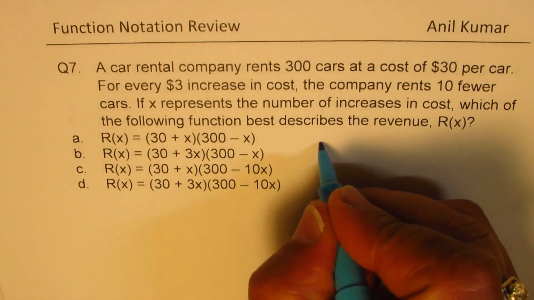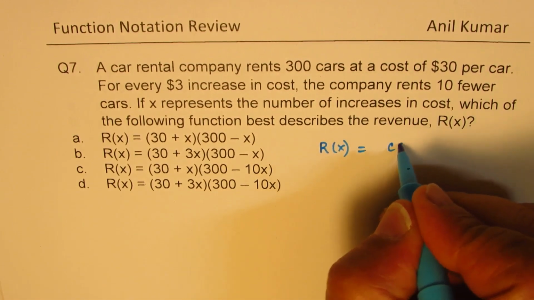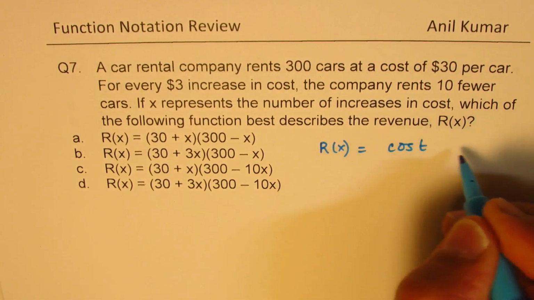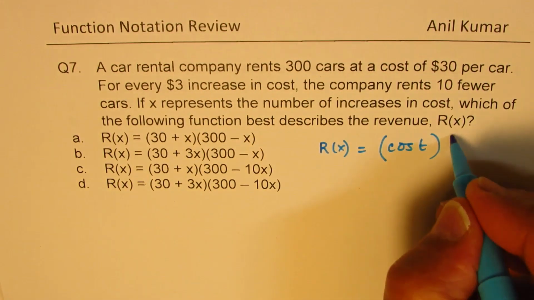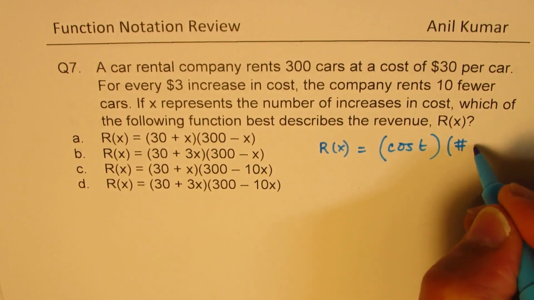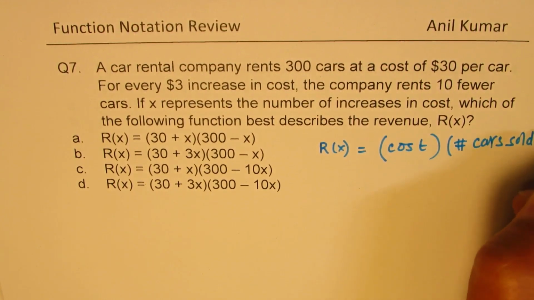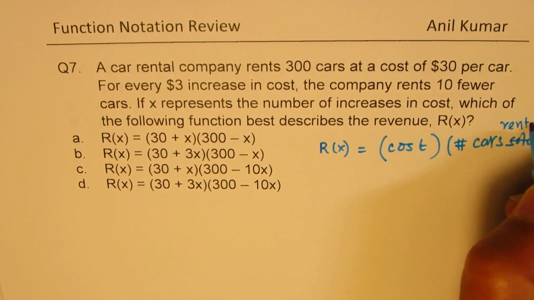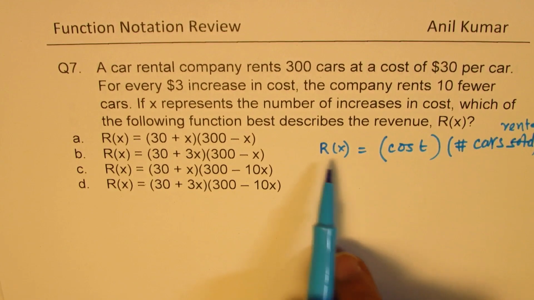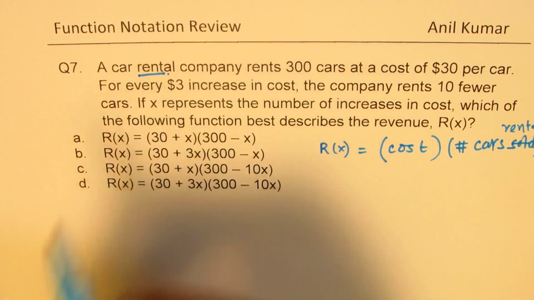Now, revenue is basically equal to cost, or you can say price, times the number of cars rented. So that is going to be the revenue in our case. It's a rental company, right?